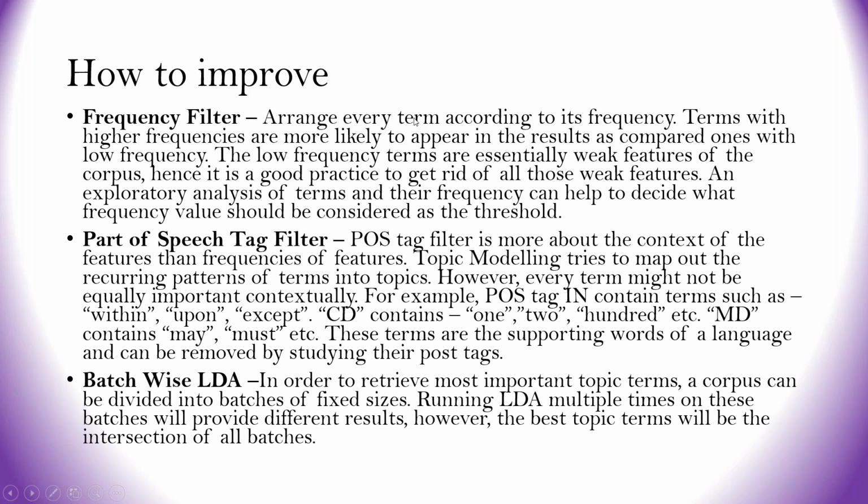All of us know how to form a document term matrix. It counts the number of terms and how many times each appears in the same document. You can eliminate the lowest frequency terms, as we call them weak features. The most frequent words you can take up.